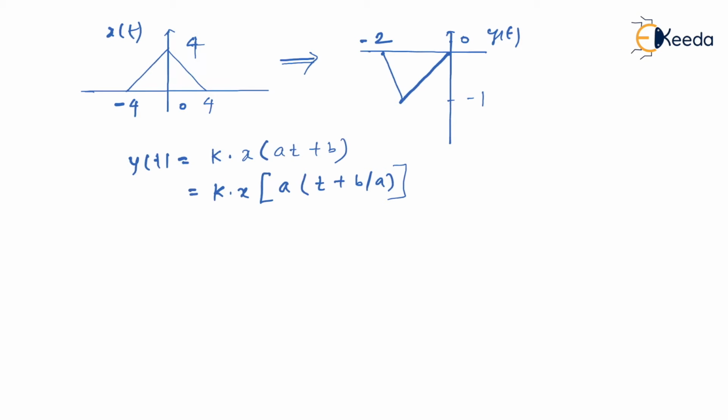And if you remember, we always follow the left to right approach. After applying this approach, I'll get the new lower limit as -2 and the new higher limit as 0. So when we apply this left to right approach, first of all, we do scaling.